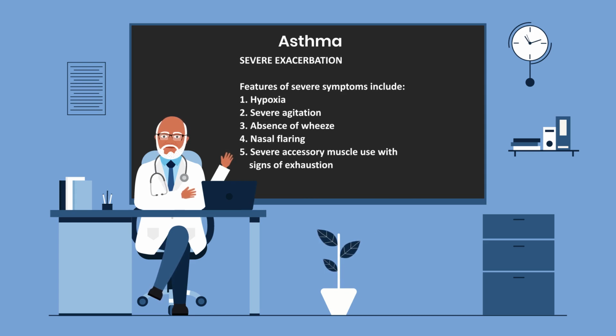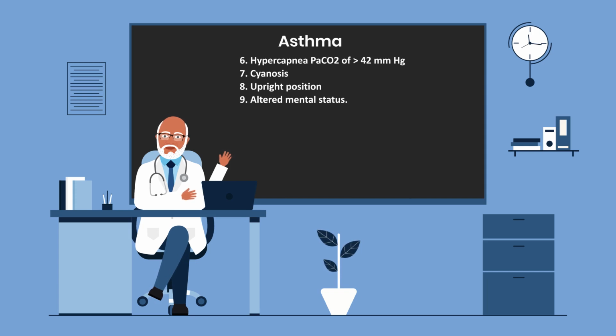In terms of severe exacerbation, these features would include hypoxia, severe agitation, the absence of wheeze, and that's a very important one, the absence of wheeze, nasal flaring, severe accessory muscle use with signs of exhaustion if they're tiring out, hypercapnia, in that the PCO2 would be greater than 42, cyanosis, the patients would most likely try to be upright instead of lying supine or slouching backward, and there may be altered mental status.